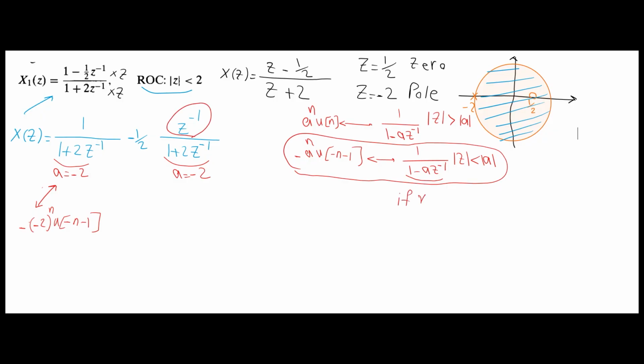Using the time-shifting property of the z transform, we know that multiplying a z transform by z to the power minus 1 corresponds to delaying the sequence by one sample.